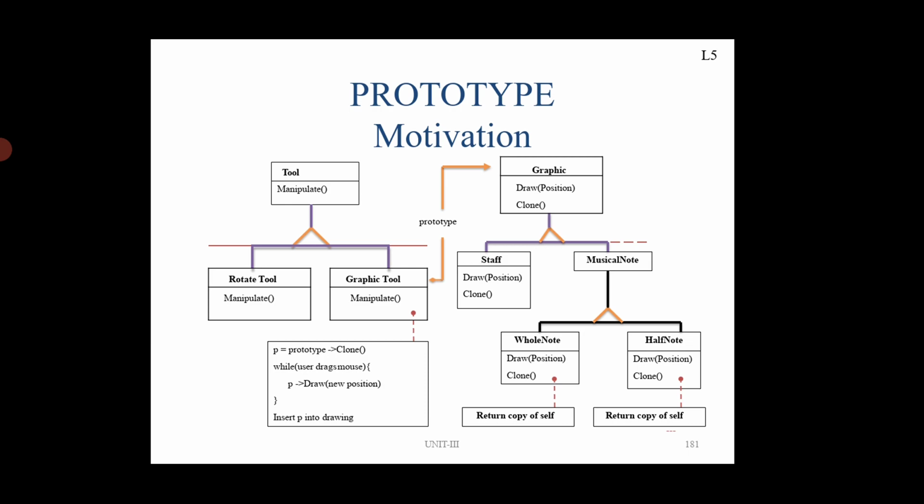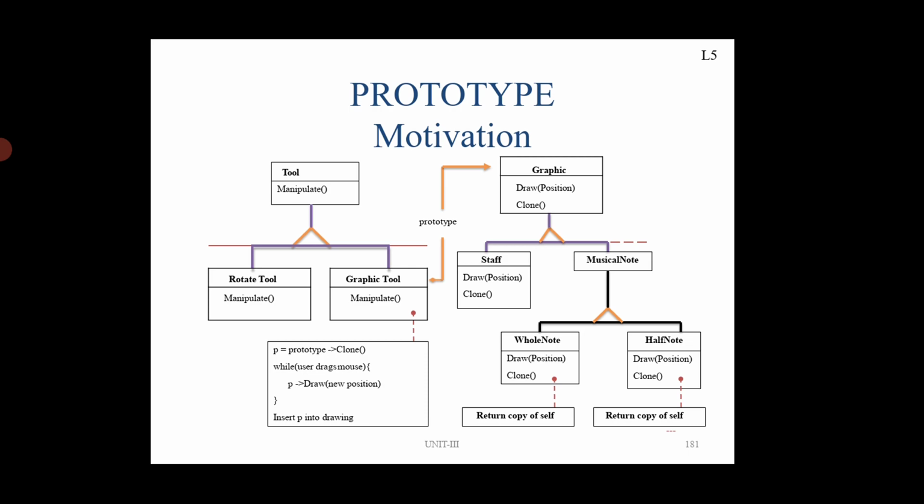Here we can use the prototype pattern also to reduce the number of classes. Look at the diagram here. We could have separate classes for whole notes and half notes, but that is probably unnecessary.